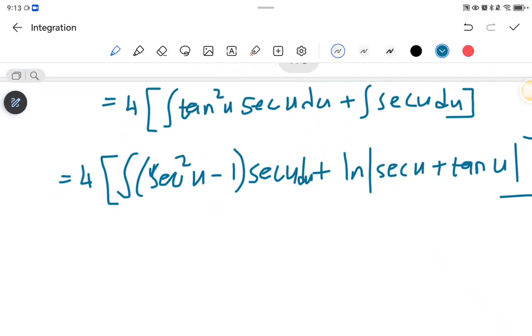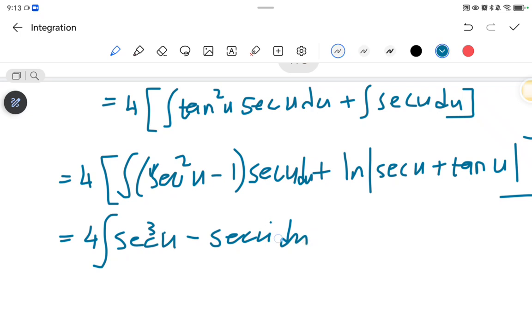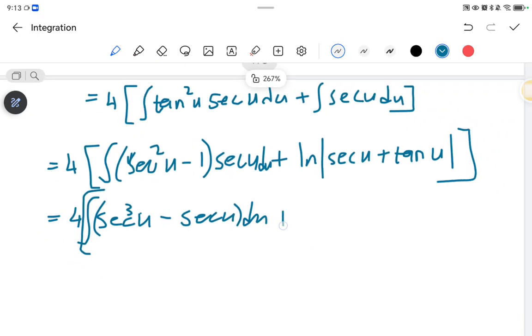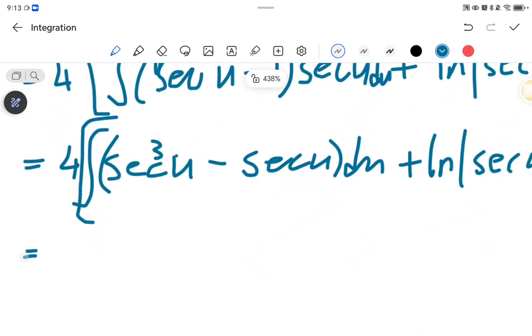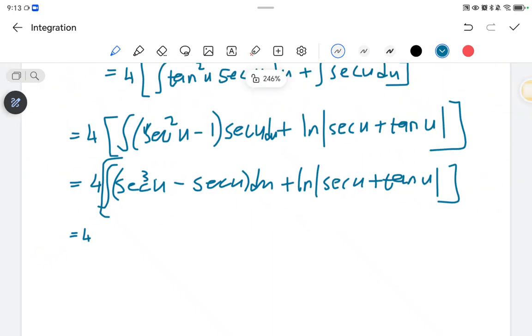Yeah, just from here, I think I'm going to try another approach, which is a bit similar to this. Sec u minus, this is sec u du. So I'll just put this here, plus ln of sec u plus tan u. So it means that this will be equal to 4.